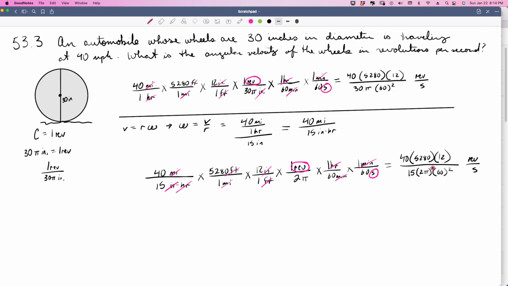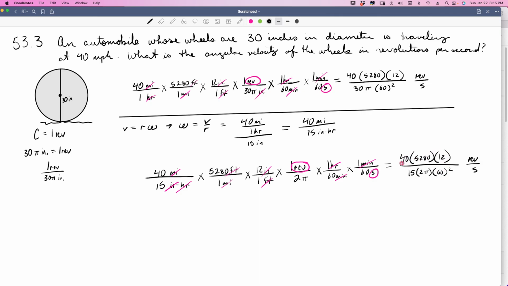So I ended up with 40 times 5,280 times 12. And then I had 15 times 2 pi times 60 squared. Okay, well, if we do what we discussed in our previous problem, and we multiply anything that isn't a typical unit of reference, which would be what we're used to using, which is the 5280, the 12, the 60, we leave those alone.